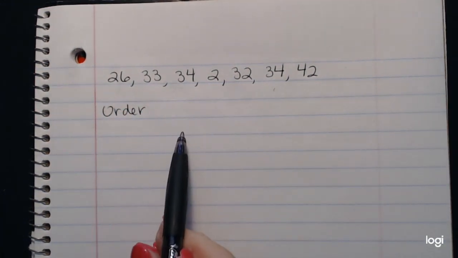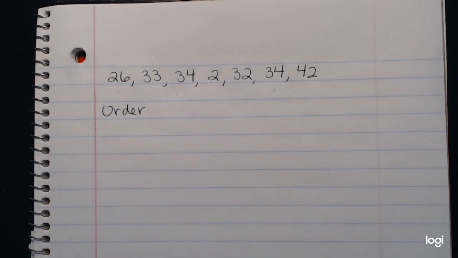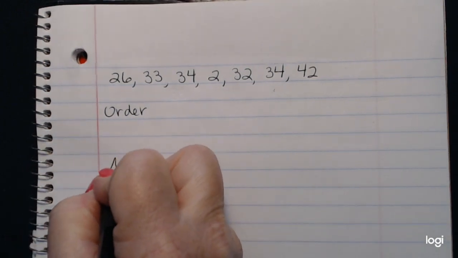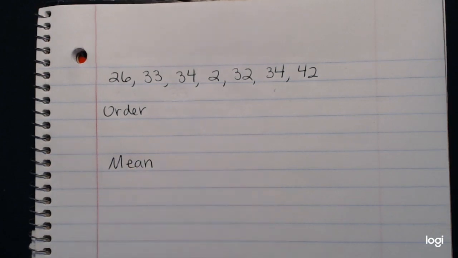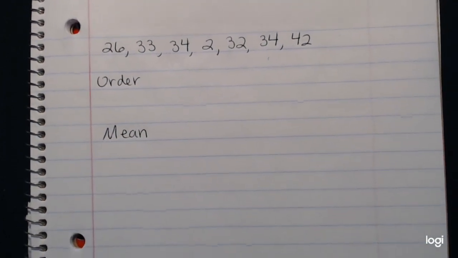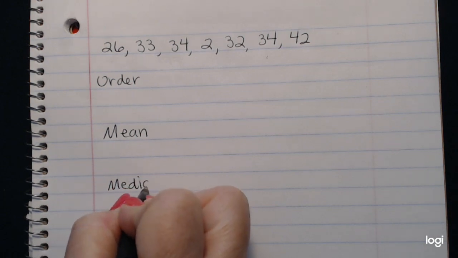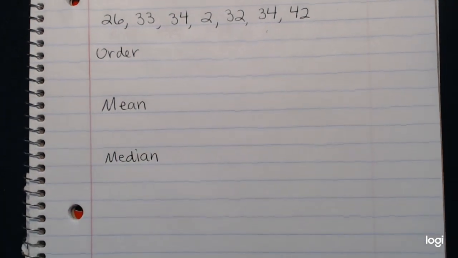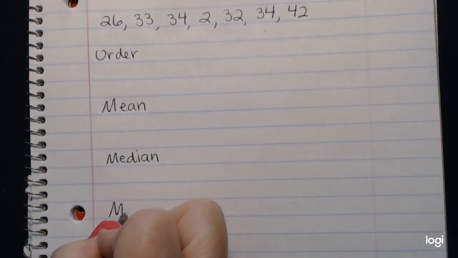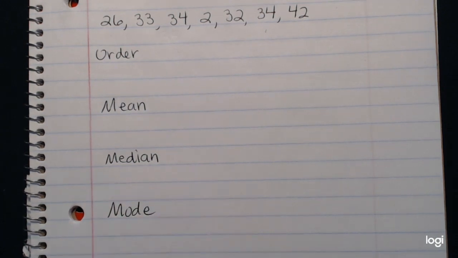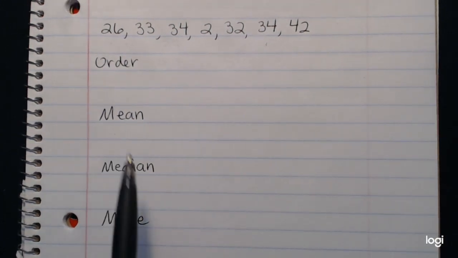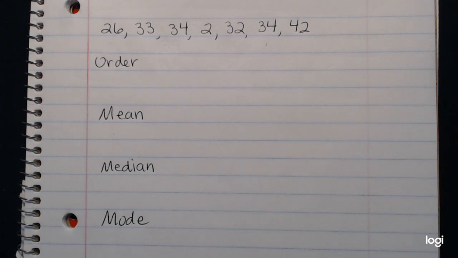Once you have them in order, I want you to find three things. We're going to find all of the measurements. We're going to find the mean, the median, and finally the mode. All right, go ahead. You may go ahead and add these up to find your mean, your median, and your mode.